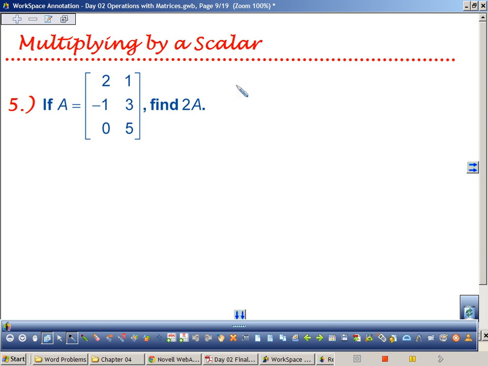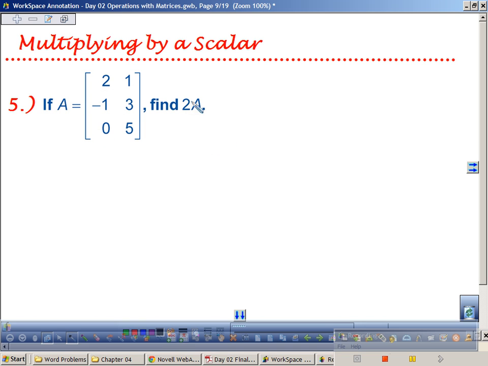Okay. Multiplying by a scalar. So this says if A equals this, find 2A. So 2 is a scalar. So 2 times 2, negative 1, 0, 1, 3, 5, equals. It can't be this easy. You can't have your pie and eat it too, right?